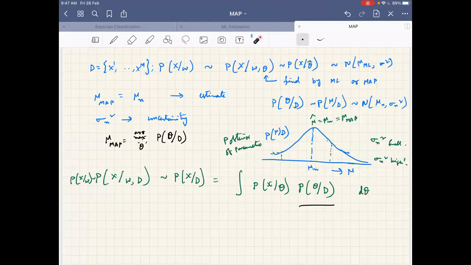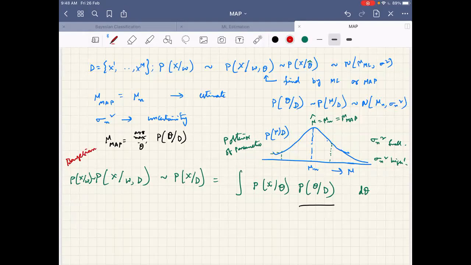This is referred to as Bayesian estimation. Like Bayesian classification we have seen, similar to that, this is referred to as Bayesian estimation. Bayesian classification is for classifying the class 1, class 2 samples or finding out the decision boundaries. Bayesian estimation is for finding out the parameters of the likelihoods in each class or in any given data.